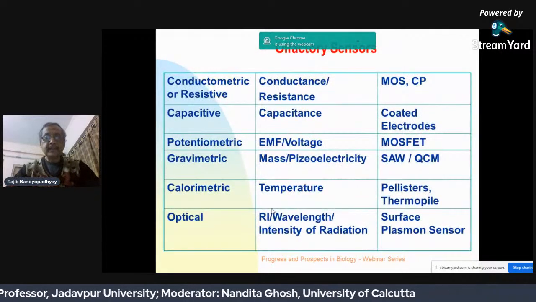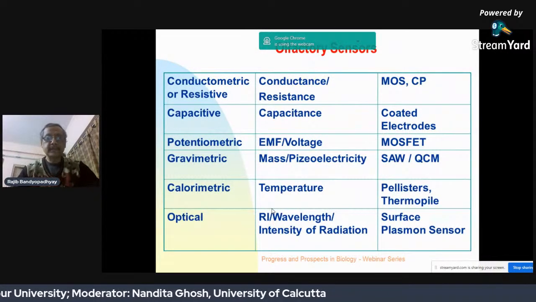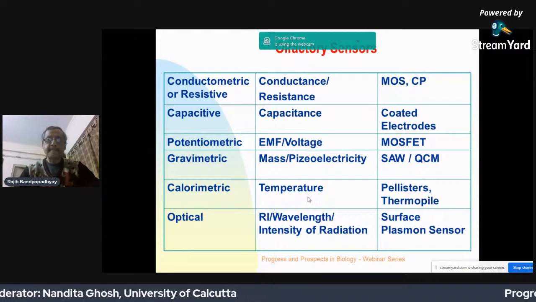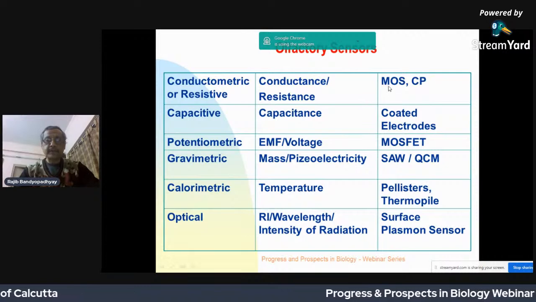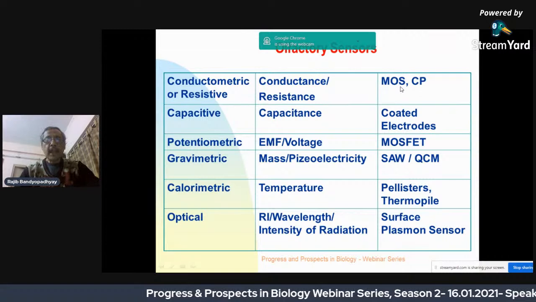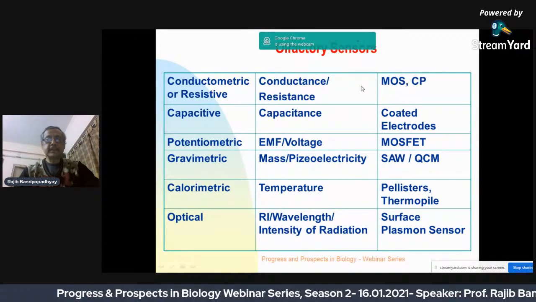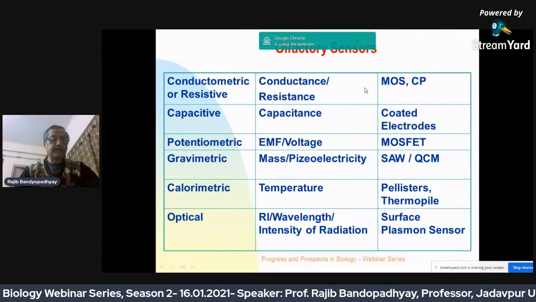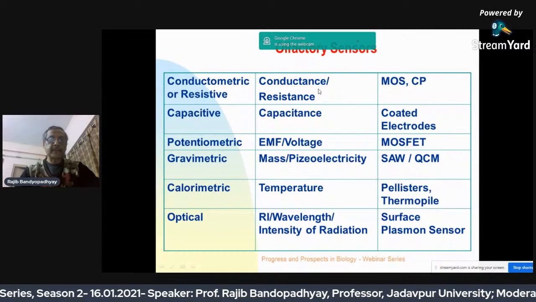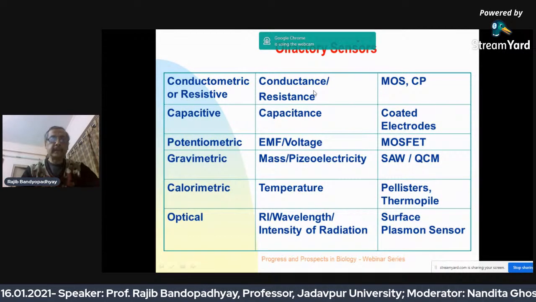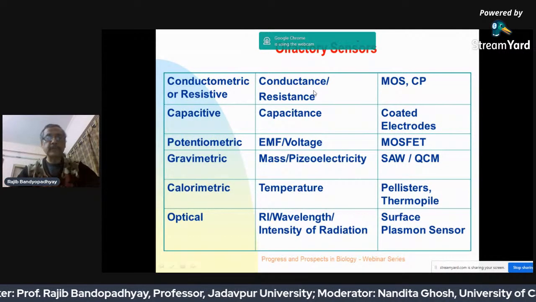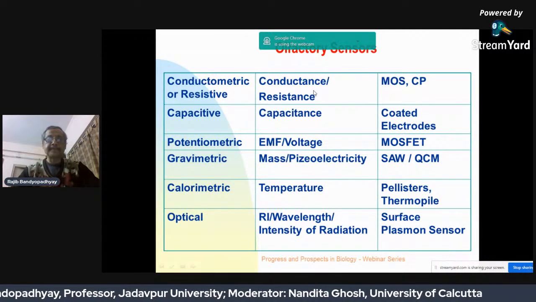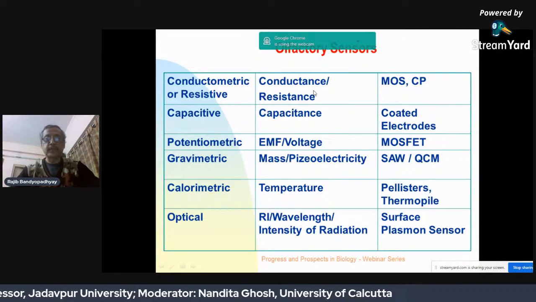Now about the sensors, there are different types of sensors for this electronic nose. The first one is the MOS sensor, or metal oxide semiconductor sensor. When this metal oxide semiconductor sensor is exposed to the volatile compounds, there's a change in resistance, and that change in resistance is somewhat related to the concentration of the odorant molecule.